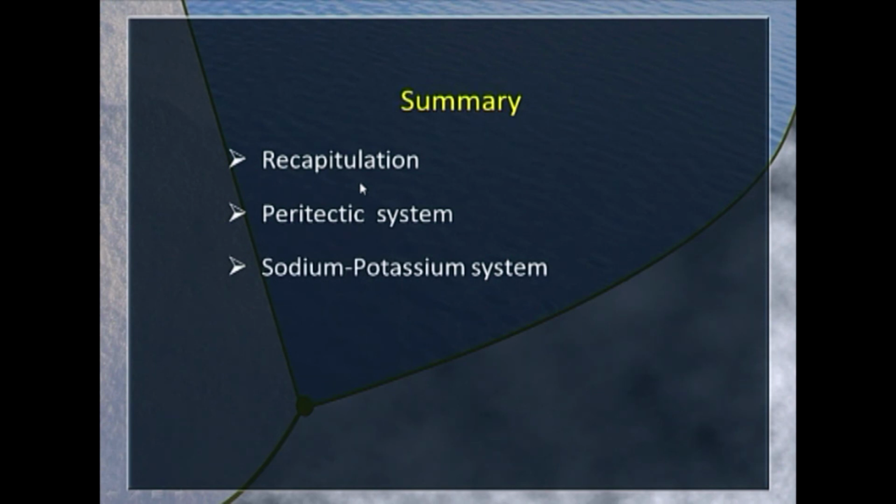I presented a phase diagram which is generally found in the textbook, which is not a detailed phase diagram, which does not include the formation of solid solution between sodium and potassium. It only showed the formation of a compound Na2K, which shows the peritectic reaction. That means it has an incongruent melting point.